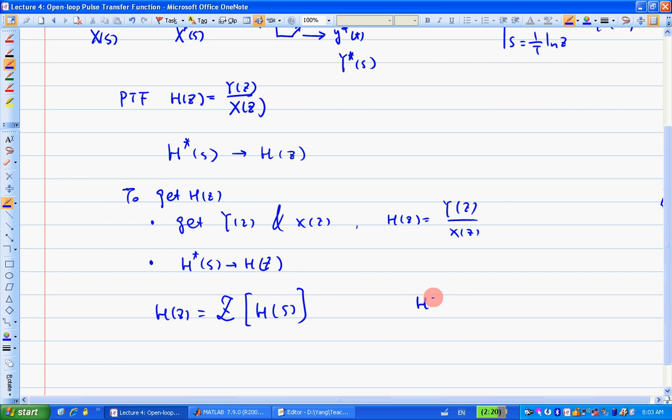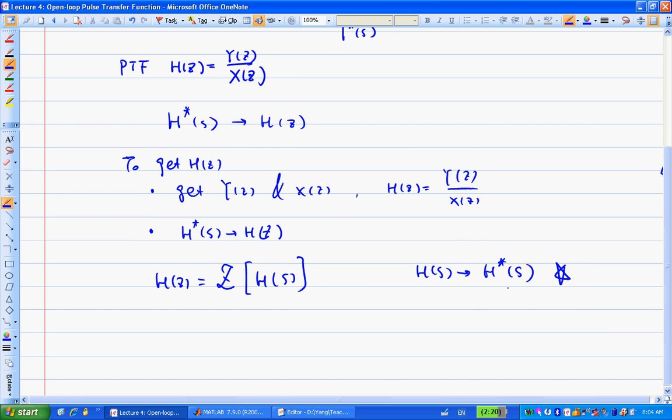From h of s we can easily obtain h star of s. Remember this one here, we'll have a formula for it. But the pulse transfer function h of z can essentially be written as z h of s.